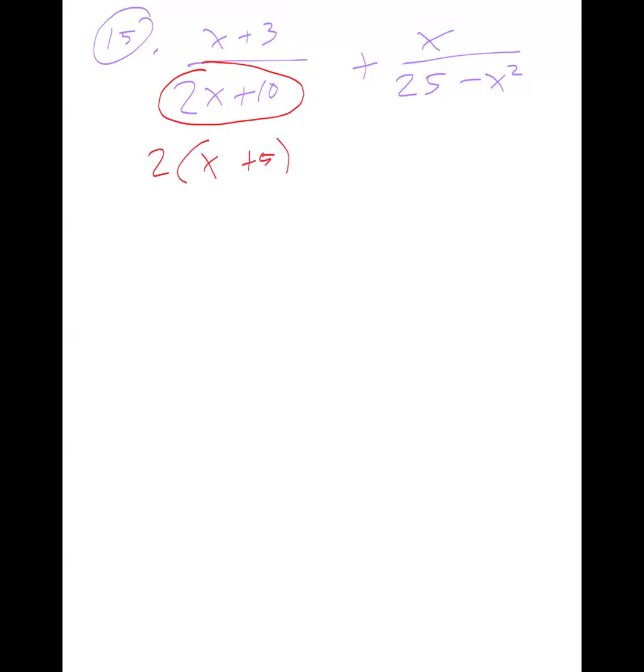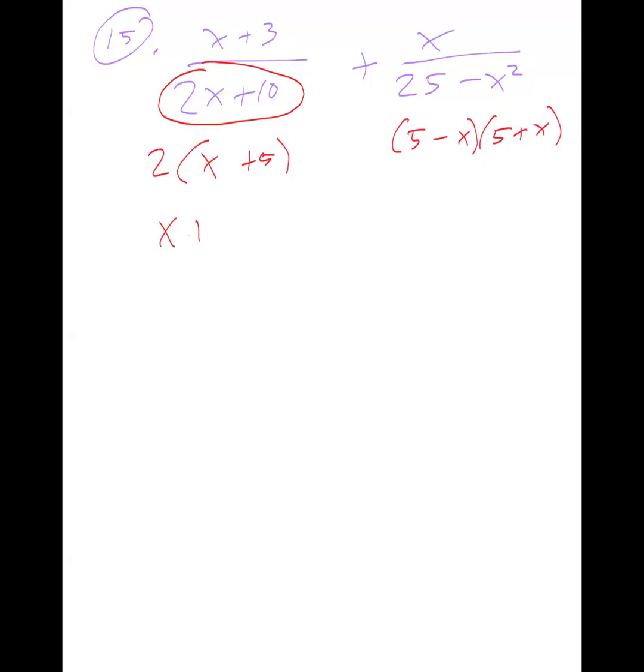2 comes out, and then from the second one, I can factor it out by doing the square root factoring method. So 5 minus x, and then the conjugate is 5 plus x. Presto. So let me rewrite this problem again.